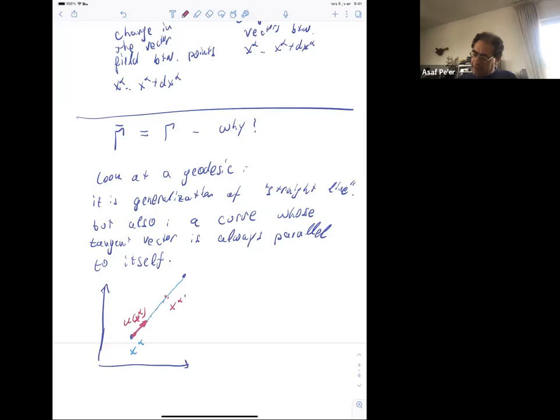If I take that and parallel transport the tangent vector along the curve, it's always going to be parallel to itself. U parallel of x alpha prime is just U of x alpha prime. I took the tangent vector at point x alpha and transported it parallel to itself to another point along the geodesic, and it's parallel to itself.